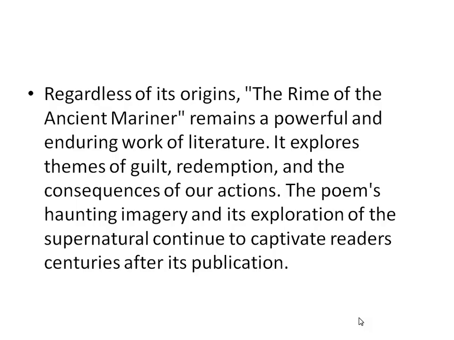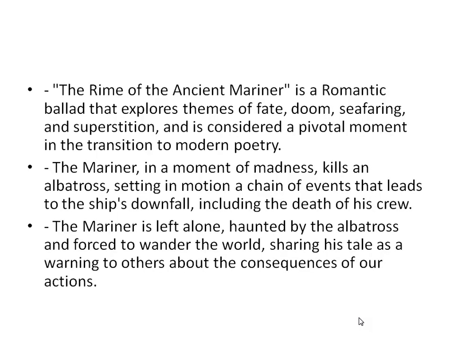The poem's haunting imagery and its exploration of the supernatural continue to captivate readers centuries after its publication. So Rime of the Ancient Mariner is a romantic ballad, explores the theme of fate, doom, and seafaring and superstitions, and is considered a pivotal moment in the transition to modern poetry.